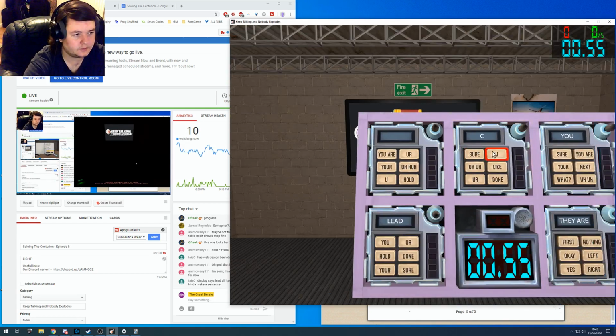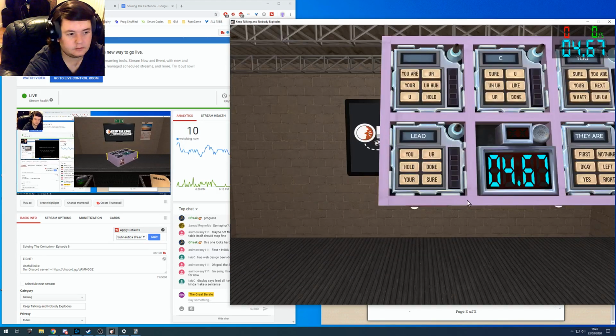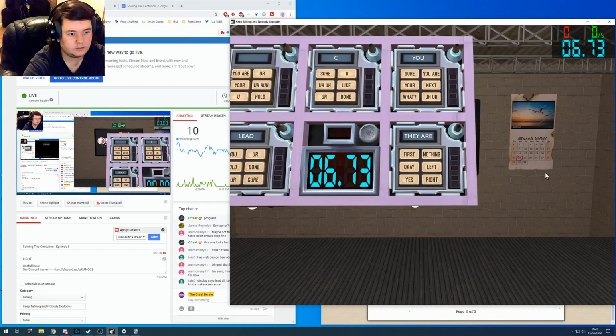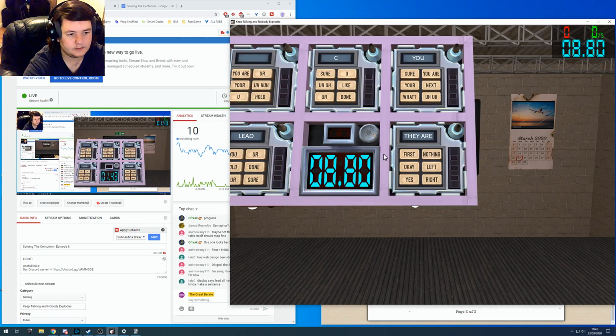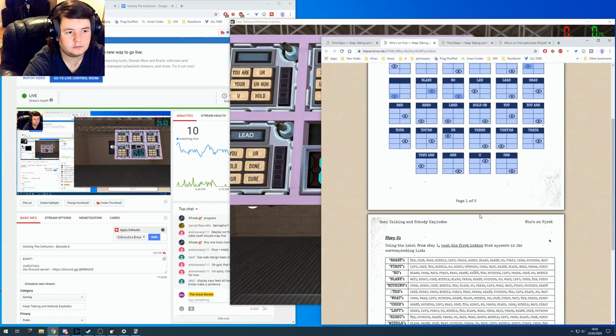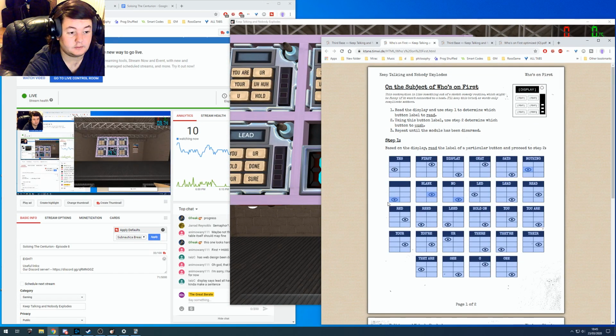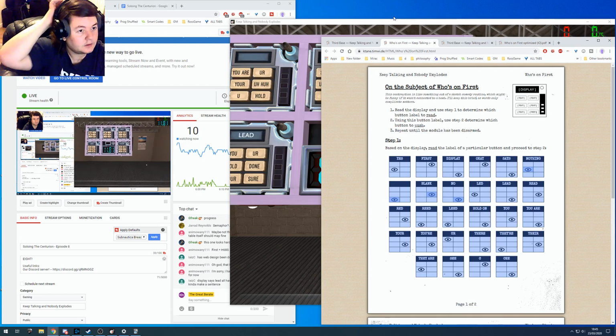So bottom left, top right, middle right, bottom right, middle left. Let's just double check those. So I said middle left, hopefully I said bottom left for that.